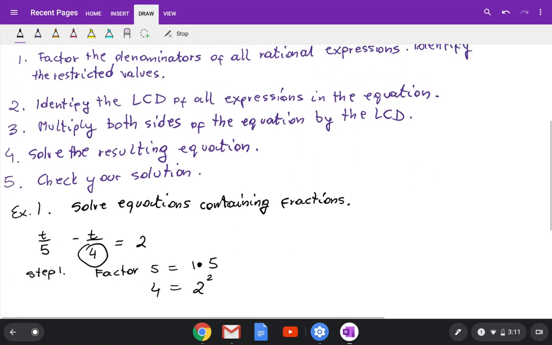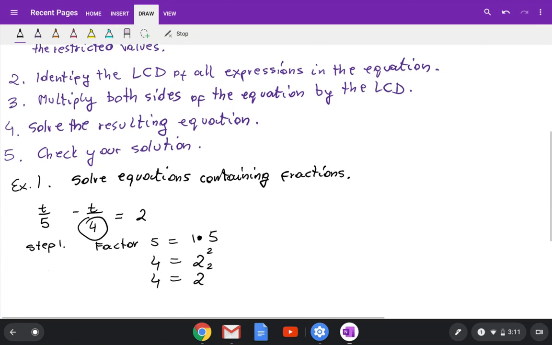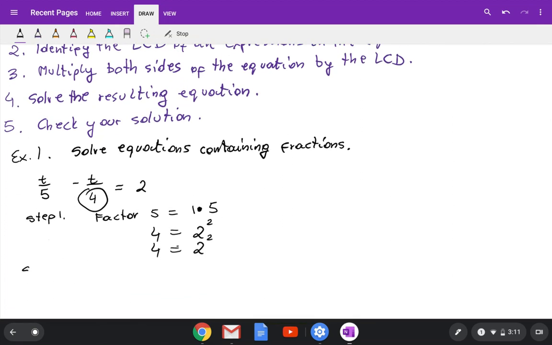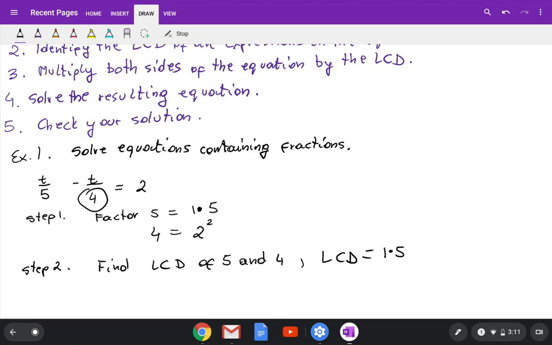So when we factor denominators, we're going to identify the LCD. So step 2 is find the least common denominator of 5 and 4. So the LCD of 5 and 4 is 1 times 5 times 2 to the second power, since all those factors of 5 and 4 are not repeating.